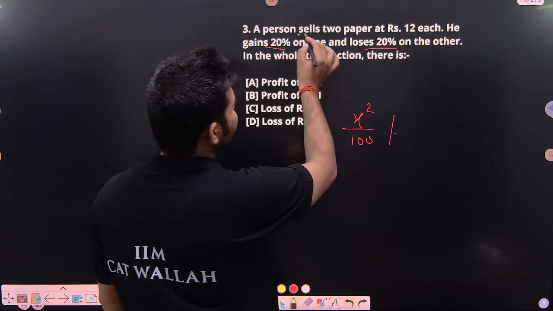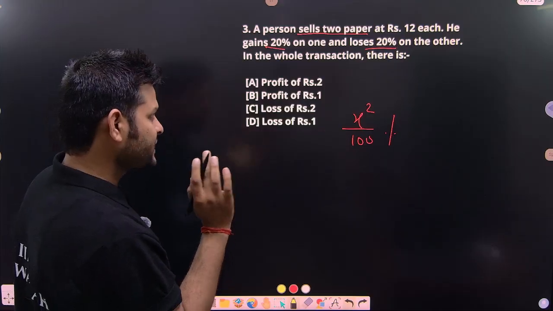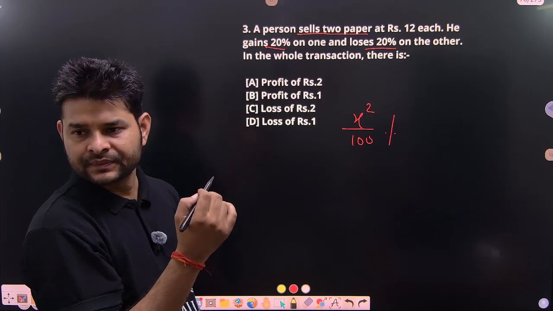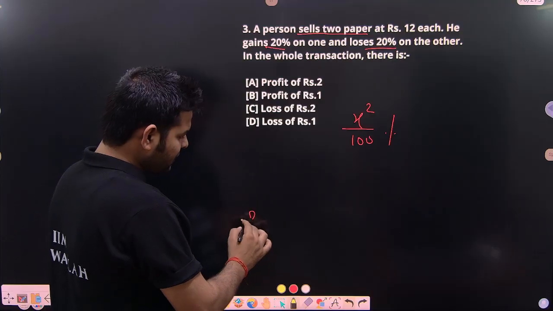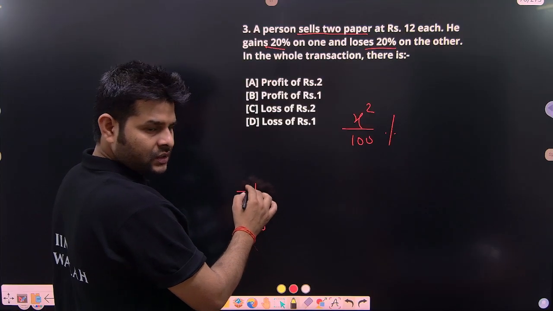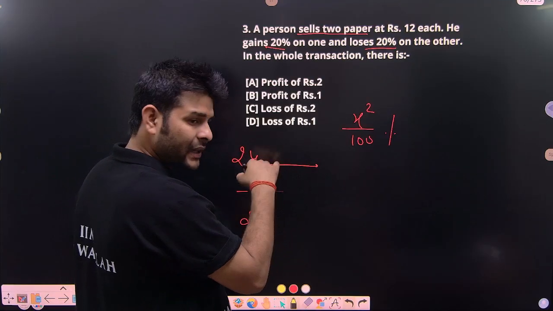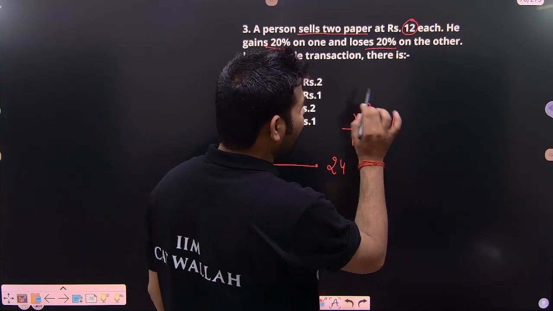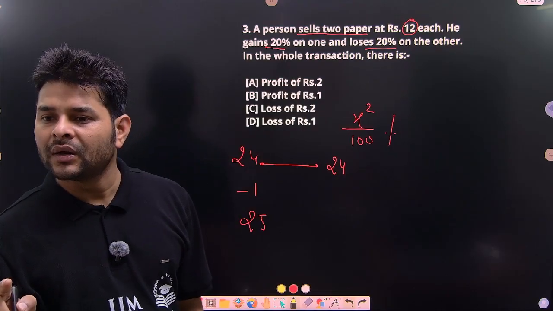So a person sells two papers at 12 each. So 4% loss means what? 4% means 1 upon 25. So real cost is 25, 1 is loss, and SP is 24. 24 units will represent 24, basically 12 each, so overall would be 24.